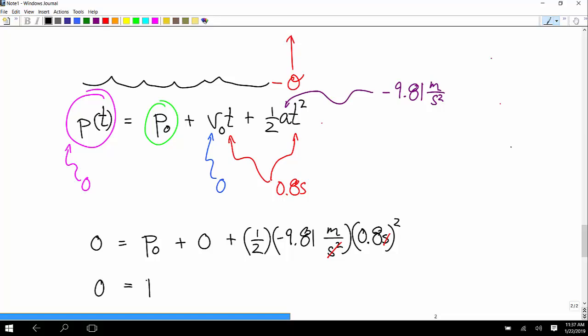0 is equal to P0 minus, what's 4.905 times 0.64? Can someone punch that in? I already have the negative there. Anybody have a calculator?